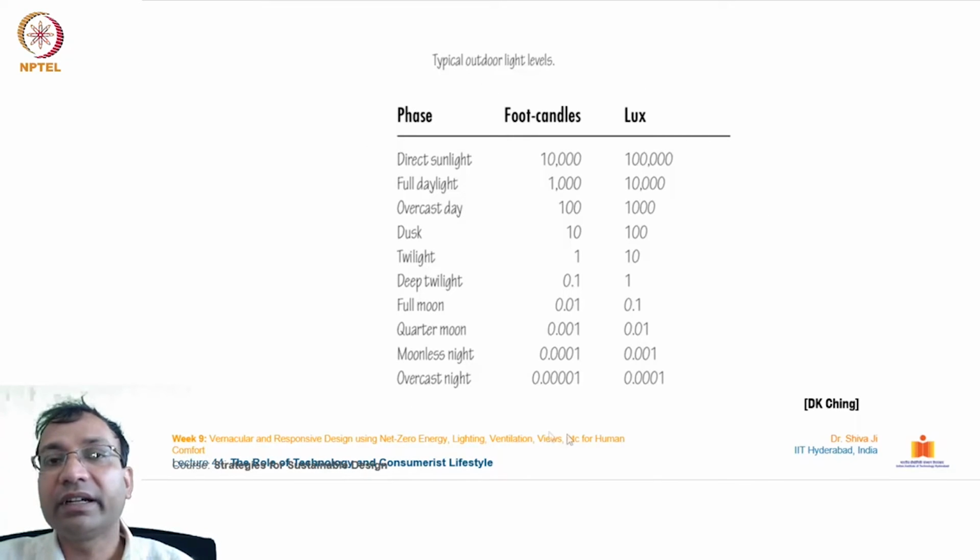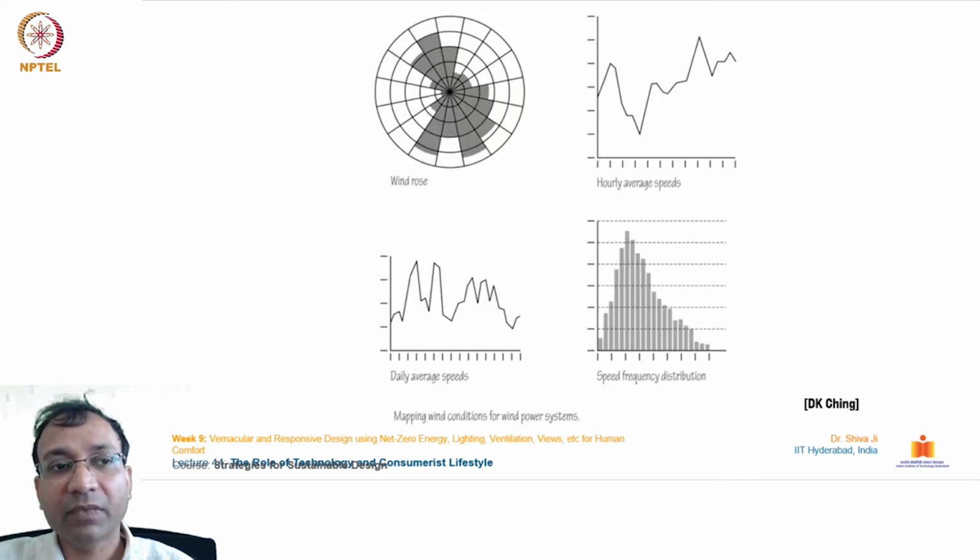So this is a relative comparison of these outdoor light levels, in a broad sunny daytime and in an overcast night, which is very dark. You can understand from here how the lighting levels outdoors vary depending upon the hour and the seasonal effects.